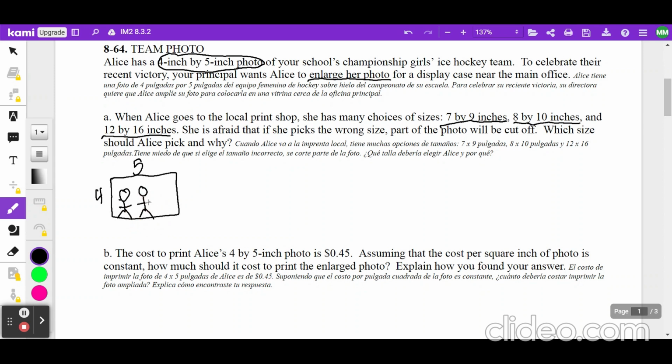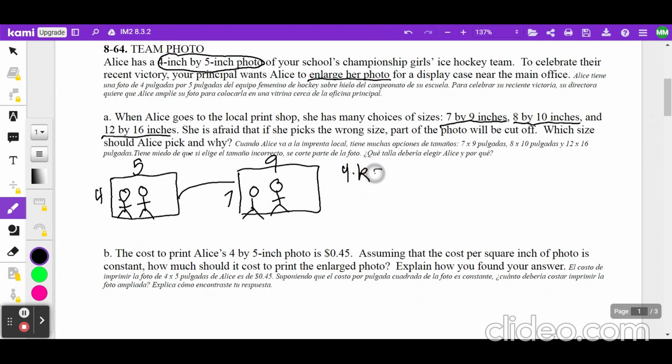And we're enlarging it, and we want to enlarge it so that none of the photo is cut off. So let's see. If we do it to 7 by 9, do we have a constant scale factor, or is something going to get cut off?